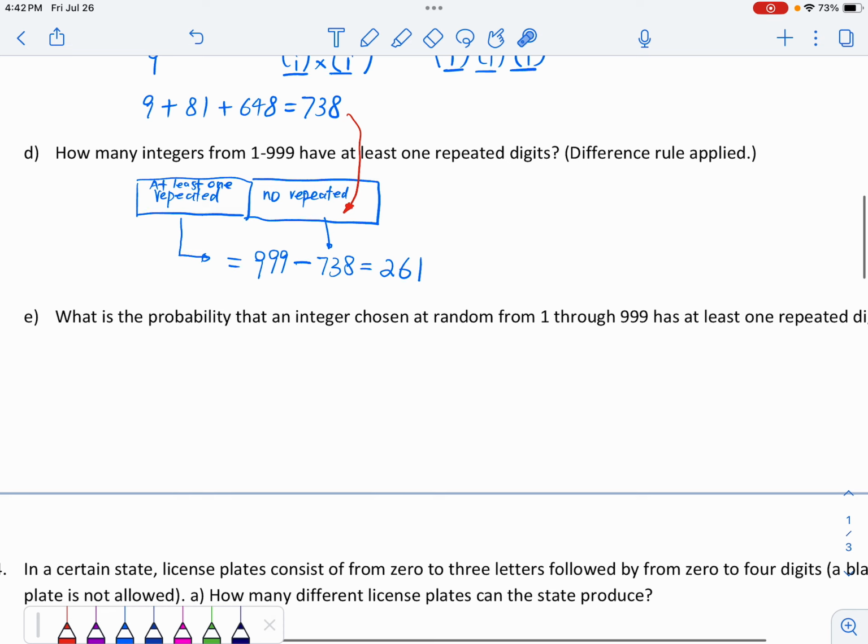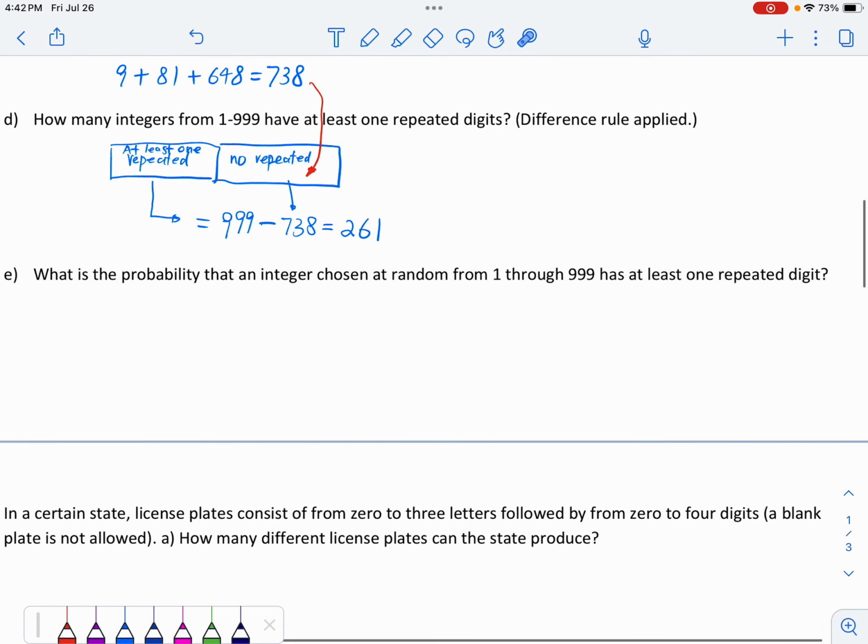Now to close this section, the last example is: what is the probability that an integer chosen at random from 1 to 999 has at least one repeated digit? Basically, what's the chance of getting a number from this 261? So we use 261 divided by the total, 999.